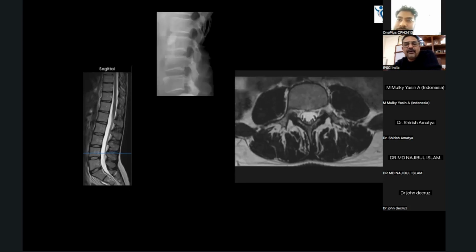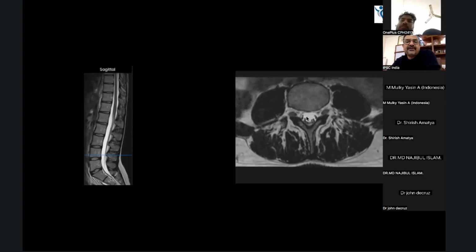As we go further down, this axial section is taken from the foramen itself, because now we cannot see the pedicle, and on both sides we can see the nerve root, which lies just below the pedicle, in the foramen. So this is the exiting root in the foramen now, and there is a dural sac containing all the traversing roots.